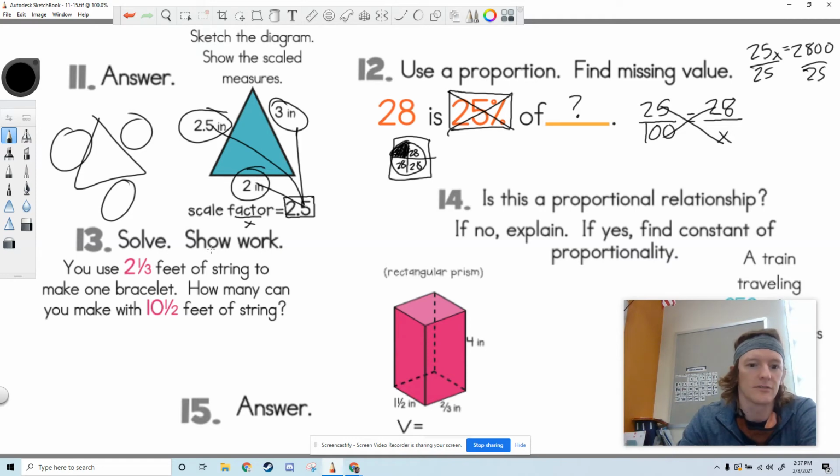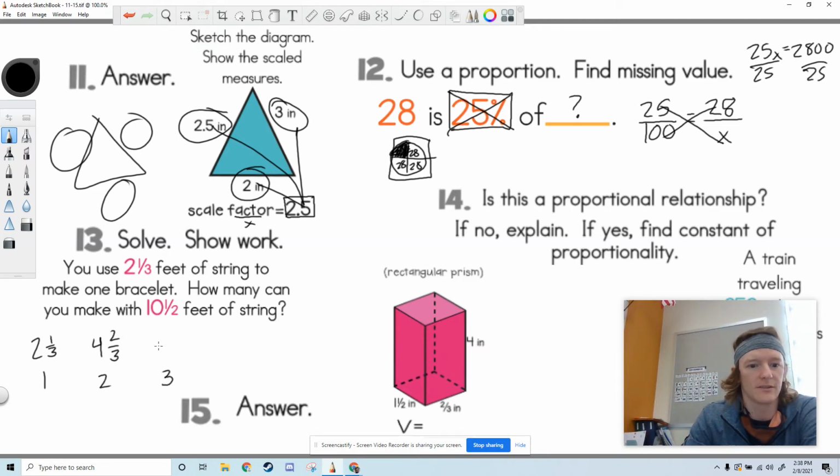13, solve and show our work. You will use 2 1/3 feet of string to make one bracelet. How many can you make with 10 1/2 feet of string? Well, here's 2 1/3. There's one. If I add another one, that'll put me at 4 2/3. There's 2.